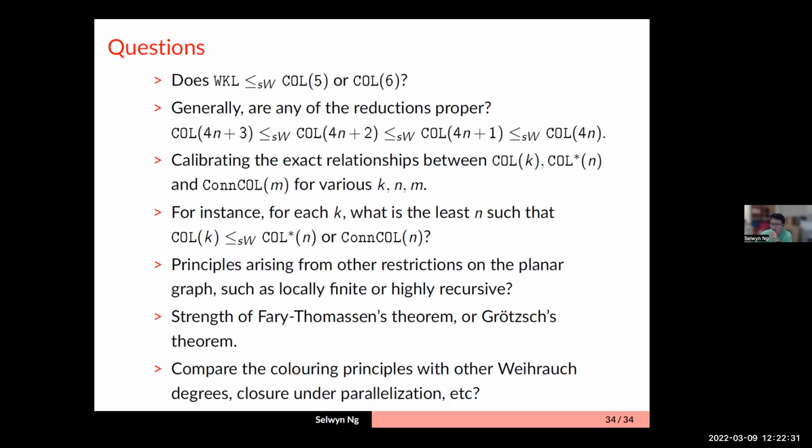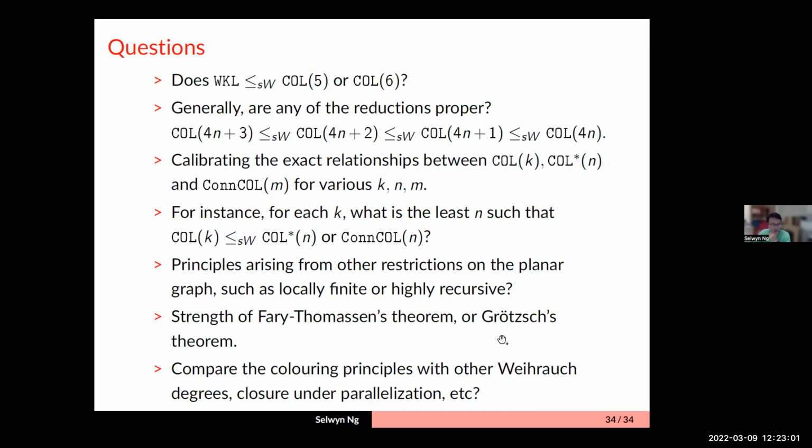Other questions? So call K, is it trivially closed under parallelization? Like just take a bunch of graphs and squeeze them together in the same plane. Yes, I think yes. Well, when you parallelize, you have things that are disjoint, right?